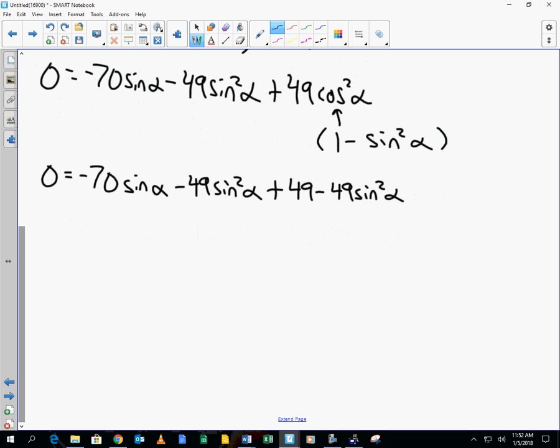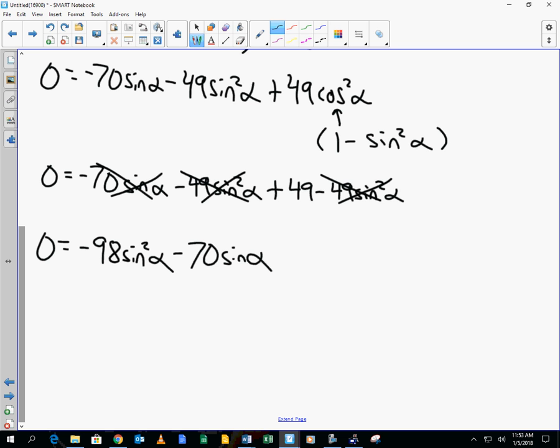Can I combine some like terms? 0 equals negative 49, negative 49, negative 98 sine squared of alpha. Those two are gone. Minus 70 sine of alpha. Plus 49. Sweet. We know how to solve that.